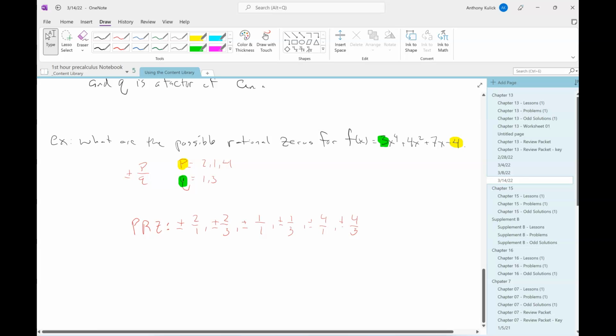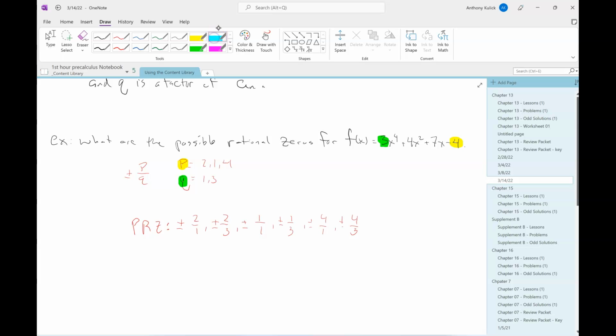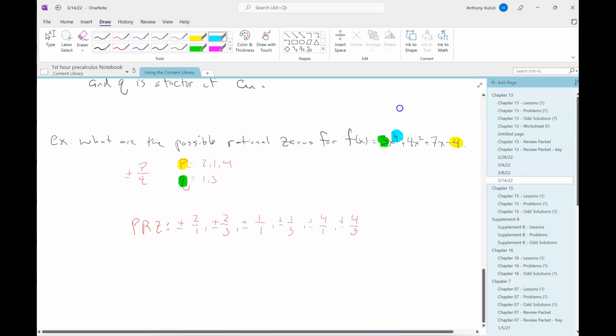Now, are all of these going to be solutions, or will all of these be zeros? No. These are just the possible ones. And in fact, at maximum, how many of these could be zeros? 4, because the degree of our polynomial is 4. So at most 4 of these could work.